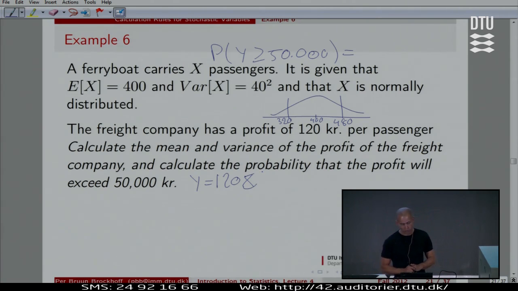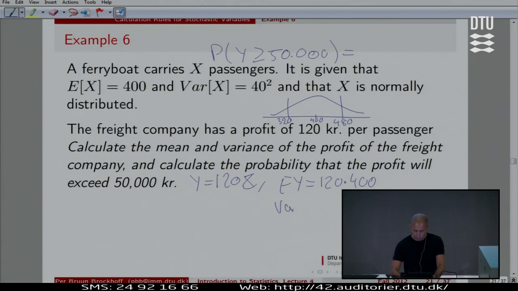Since the profit is 120 per passenger, and the random is the number of passengers, of course it's 120 times x. And then basically we're done, you could say, in this example. Now it's an exercise like you did last time with the normal distribution, right? The mean becomes 120 times 400.